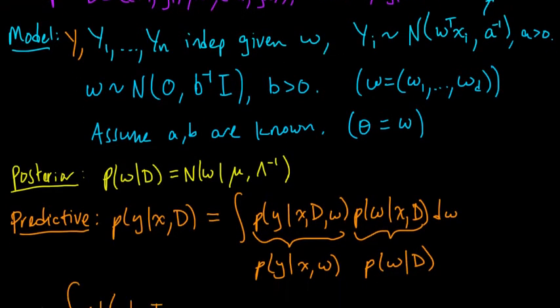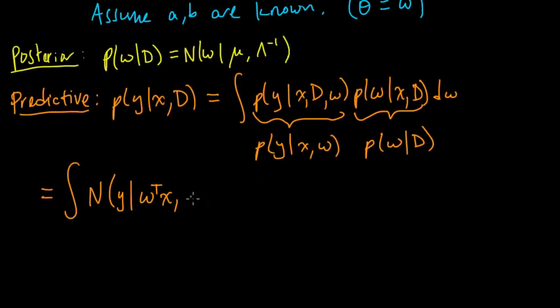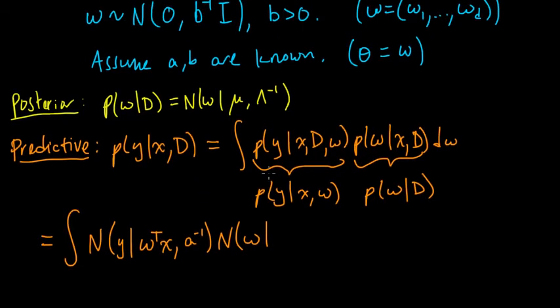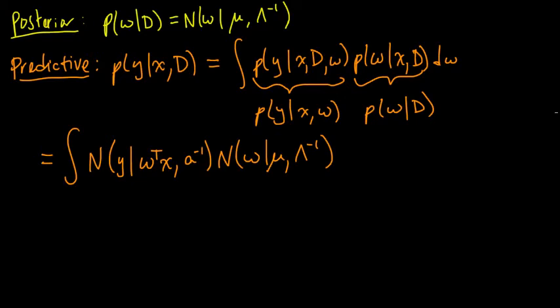The precision is a, so the variance is a inverse. And this is just the posterior on w. So that's a normal. Remember we found, oh, right, here it is. The posterior: normal, mean mu, covariance lambda inverse. Lambda is the precision matrix. Integrating with respect to w.